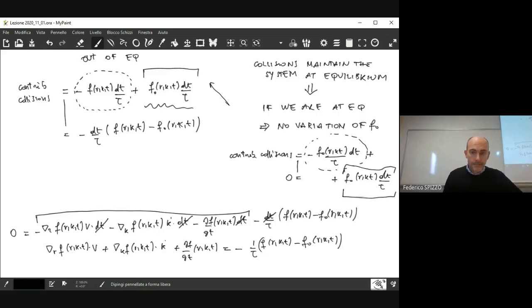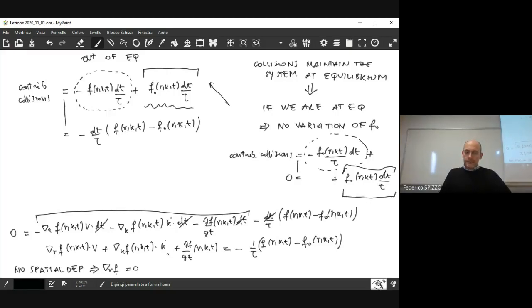At this point, I will use the same approximations that I used in the previous calculation, that is no spatial dependence. So the electric field is uniform. If that is uniform, then the gradient with respect to r of f is equal to 0 because no position dependence in the distribution function.